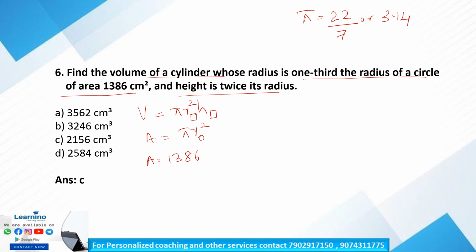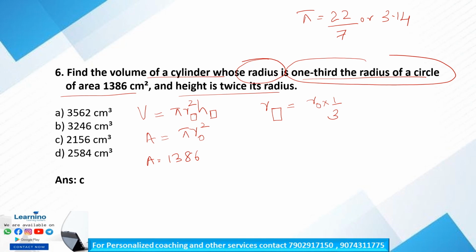Is it clear? So the other data that are given is 1/3 the radius of the circle, sorry, the cylinder's radius is 1/3 the radius of the circle. So that is the cylinder's radius. Okay, cylinder's radius is 1/3 the radius of the circle. So radius of the circle into 1/3.